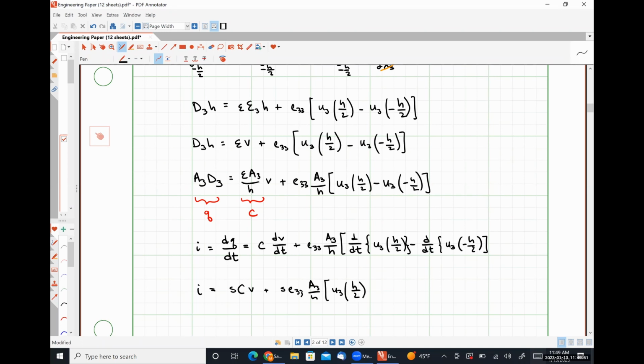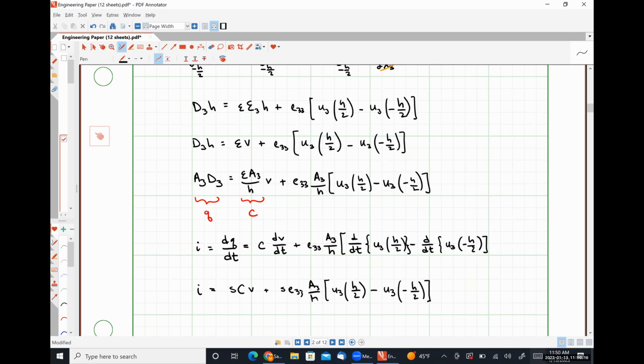I want to be very clear that this is not multiplication. U3 is a function of position. Minus U3 at negative H over 2.